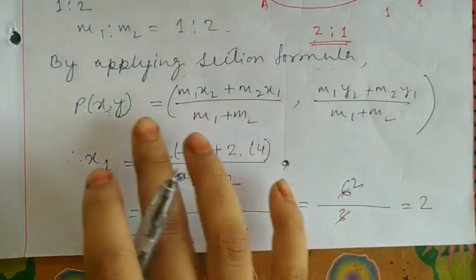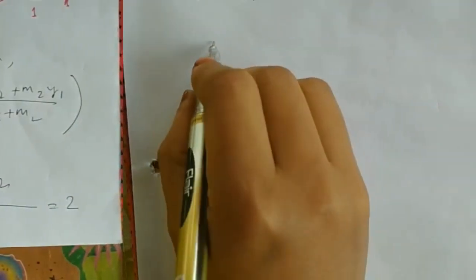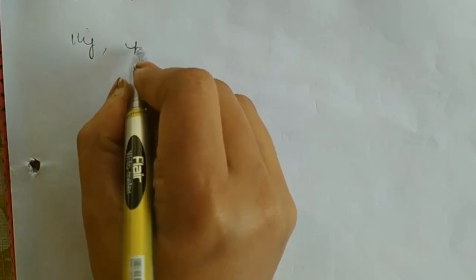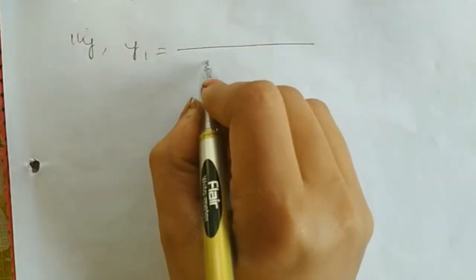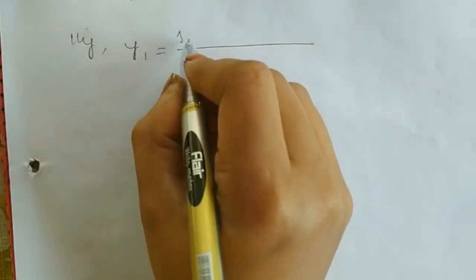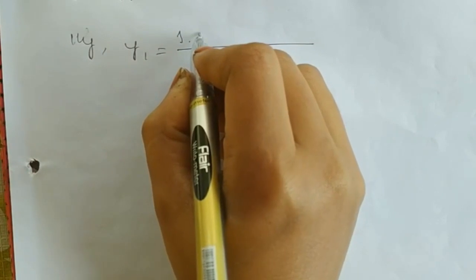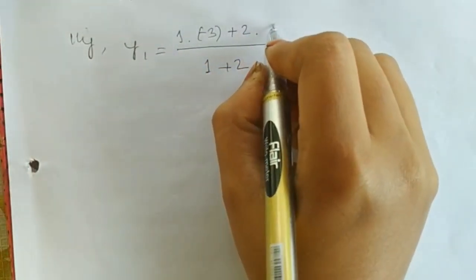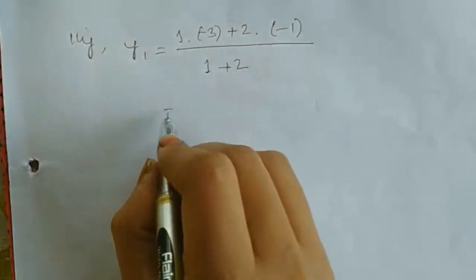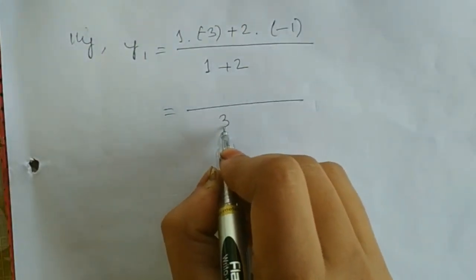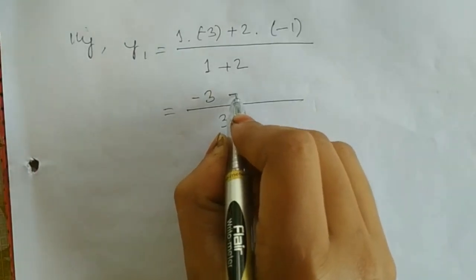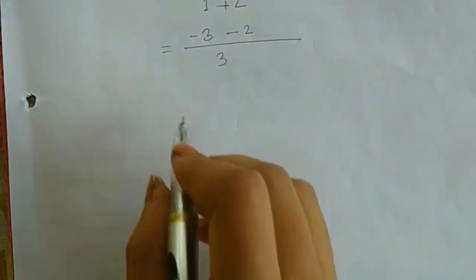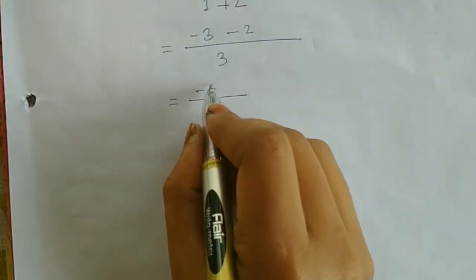Okay, similarly find out y1. Similarly y1 equals what? m1 is 1, m2 is 2, y2 is minus 3 and y1 is minus 1. 1 plus 2 is 3, minus 3 plus minus 2, so equals minus 5 by 3.